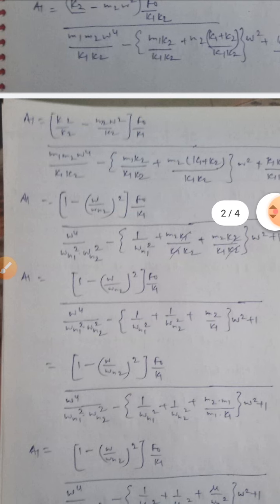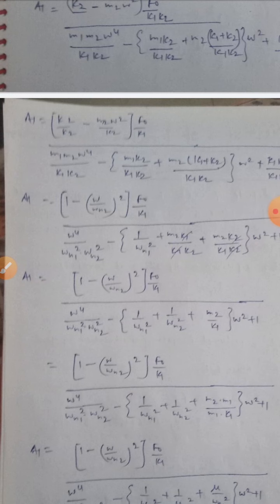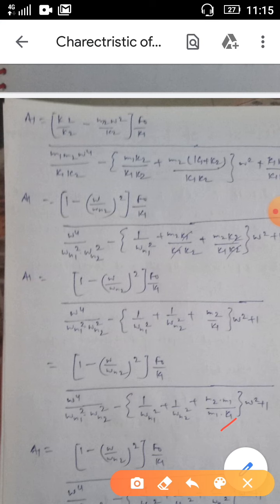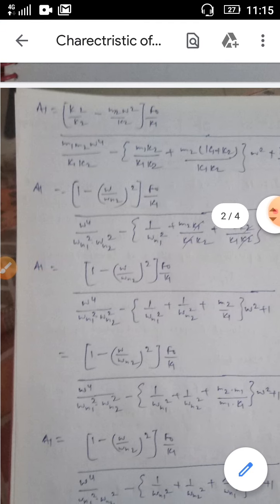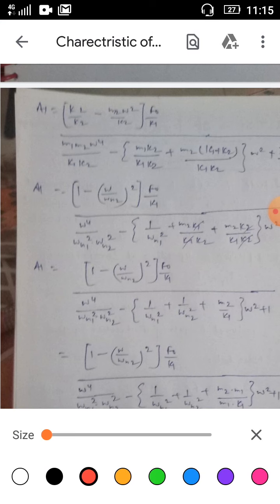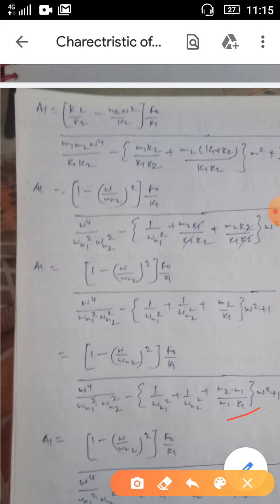Now here we multiply by m1 in both the numerator as well as the denominator. Why are we multiplying by m1 here? Because we want to take the mass ratio also. We know that the mass ratio mu is equal to m2 upon m1.